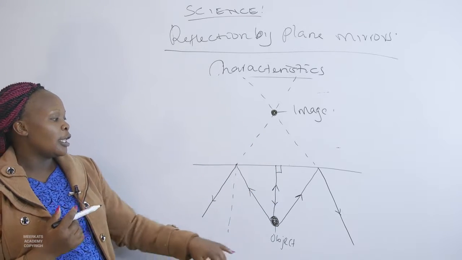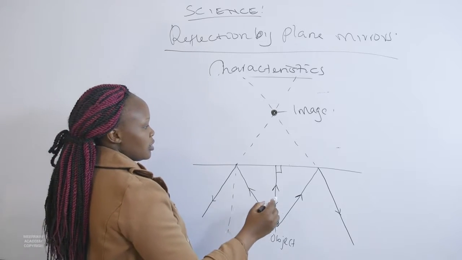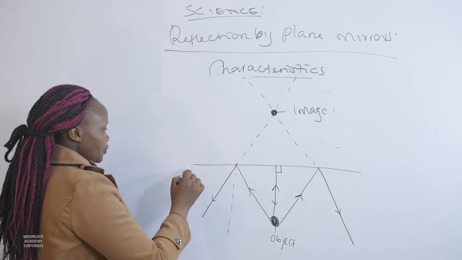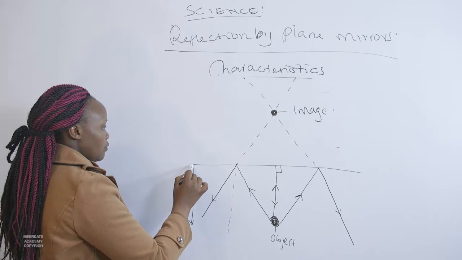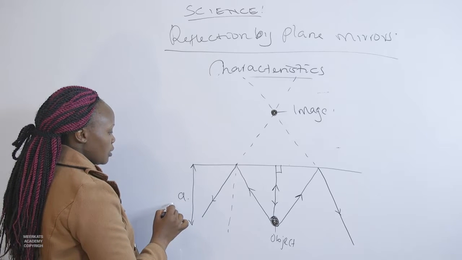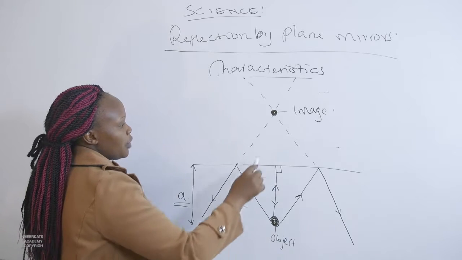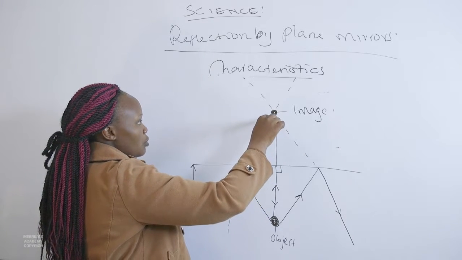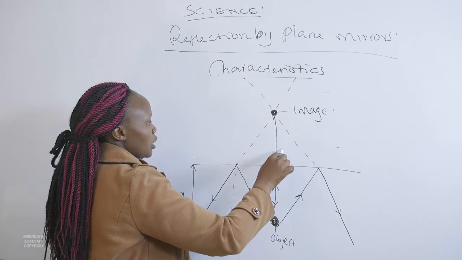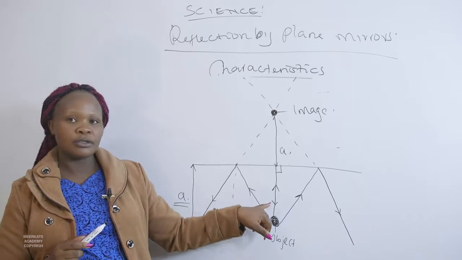That means that if we call this distance A, the distance from the object to the mirror, we expect this distance also to be equal to A.